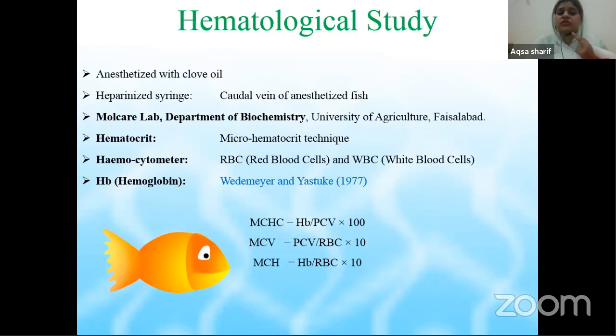That blood was taken to the molecular lab, Department of Biochemistry, University of Agriculture, Faisalabad, and hematocrit was determined by the microhematocrit technique. A hemocytometer was used to count the red blood cells and white blood cells, and hemoglobin was determined by the method of Wedemeyer and Yasutake.